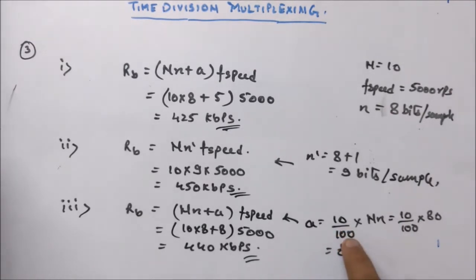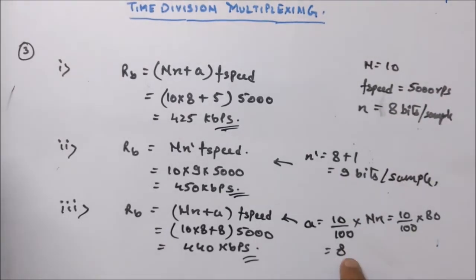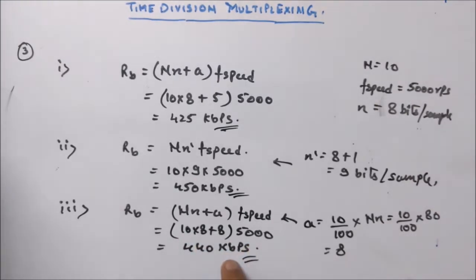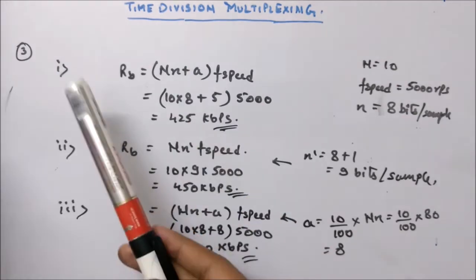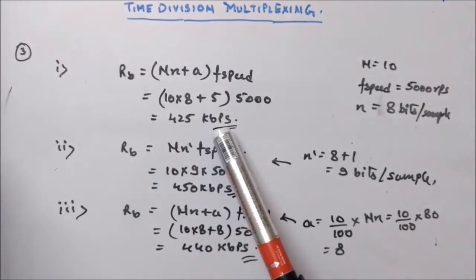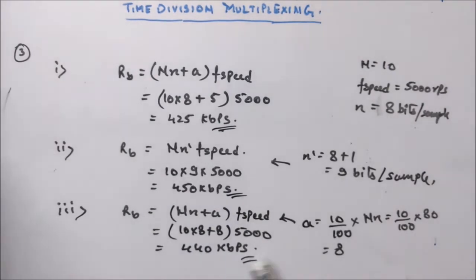So 10% of this, and capital N into small n is 80, 8 into 10, so this comes out to be 8, that's why this value is 8. Capital N is 10, small n is 8, 5000, you will get 440 kilobits per second bit rate. So the answer for the first case is 425 kbps, second case 450 kbps, and third case 440 kbps.